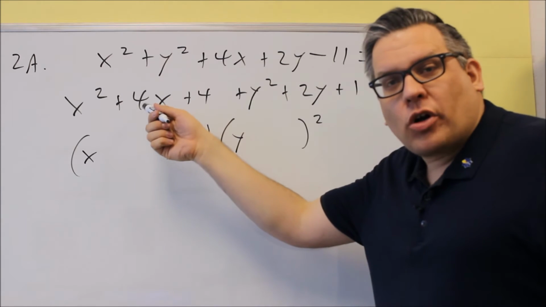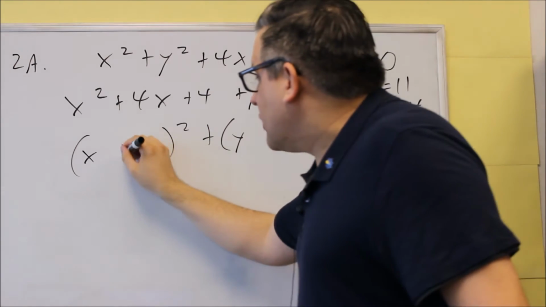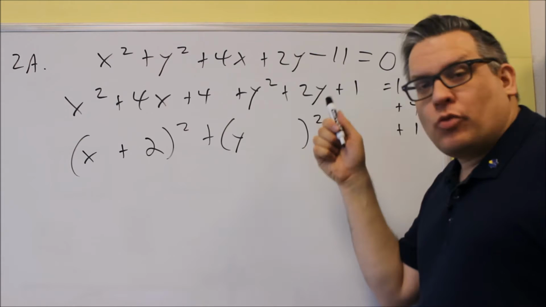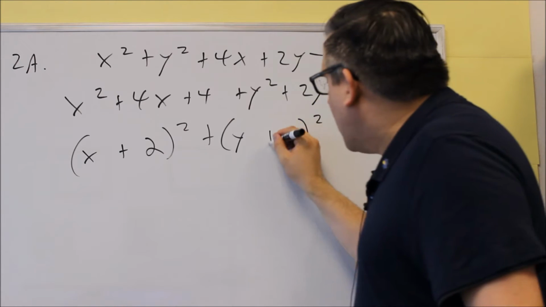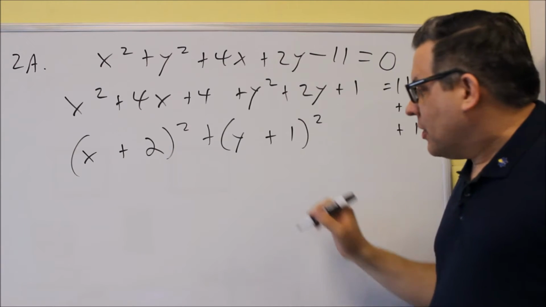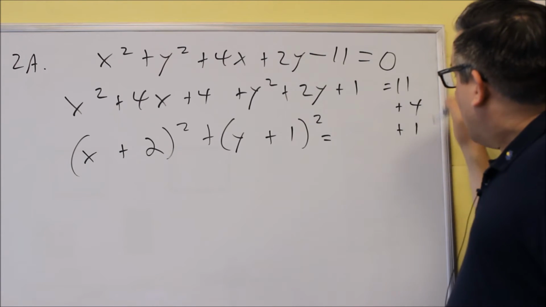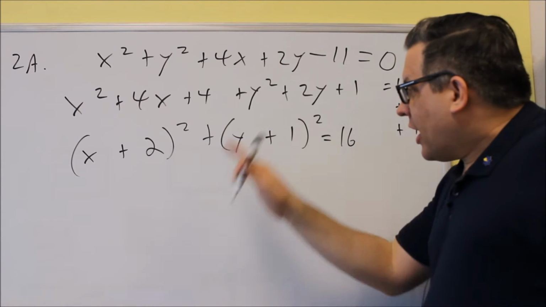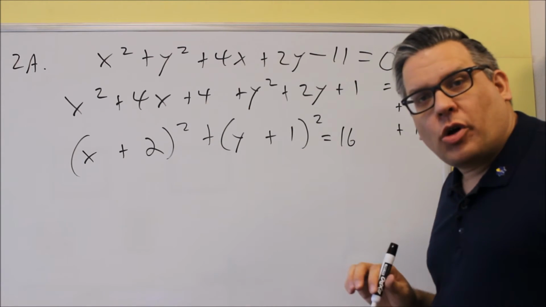Step number 1 to complete the square was divide this by 2, and we get positive 2, and that would go right there. For this one, when we take the number in front of the y and divide by 2, we get a 1. That number is going to go in here. Now on the right hand side, we add these numbers together, and when we add that together, we get 16.